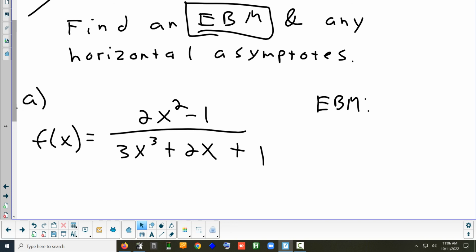What's the highest degree term in the top? Yep, 2x squared. What's my EBM of what's in the bottom? 3x cubed.